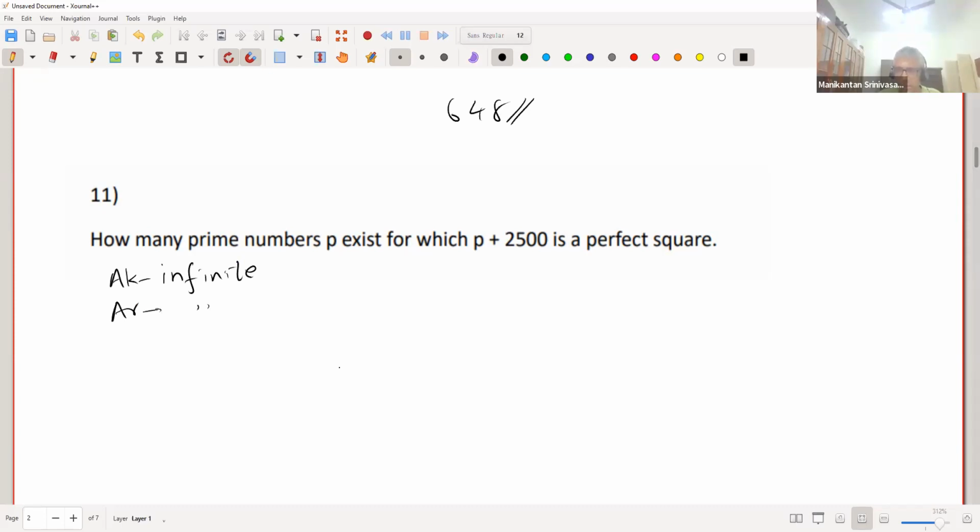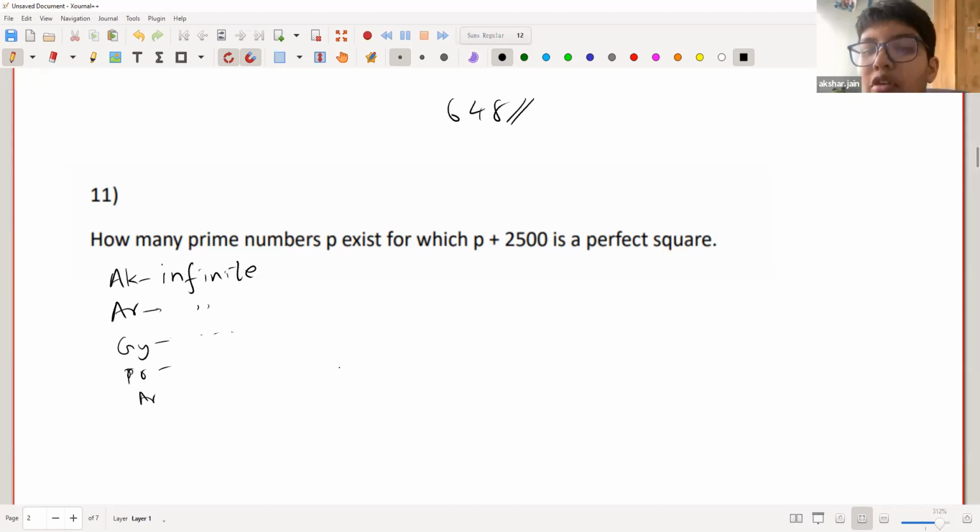Which homework is this? This is homework 4, question 11, one of the last couple of questions in homework 4. Technically speaking, it is infinite, I think. Infinite for me as well, Prashast. Infinite for me as well.